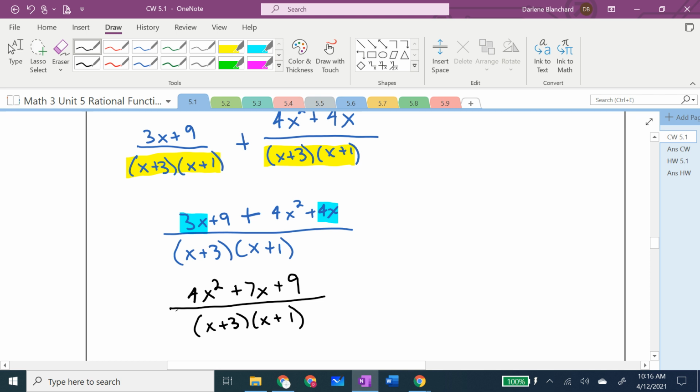And I am going to tell you this. You are simplified when, in one combination or another, your numerator and denominator are either fully factored or fully expanded.